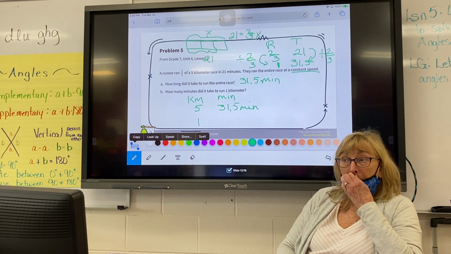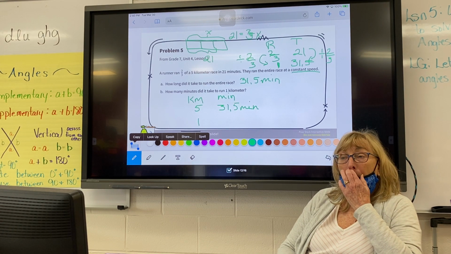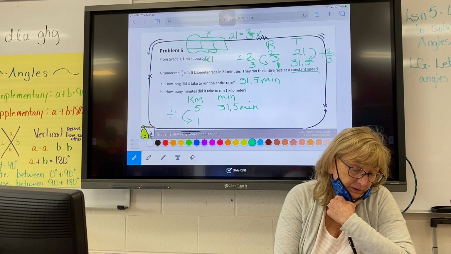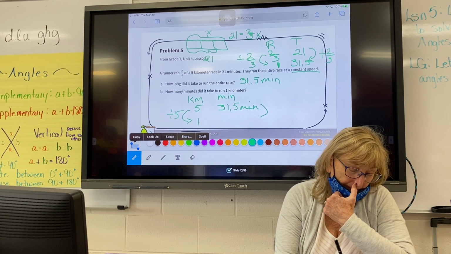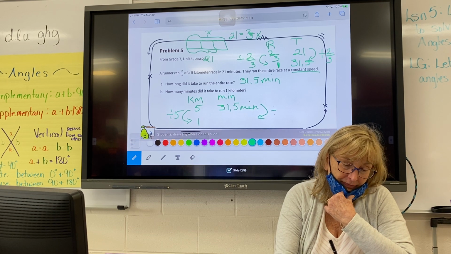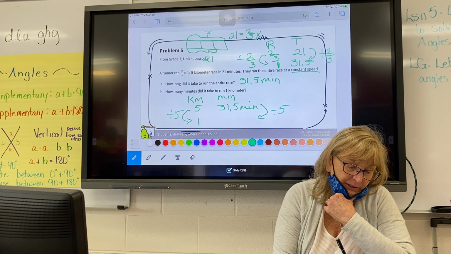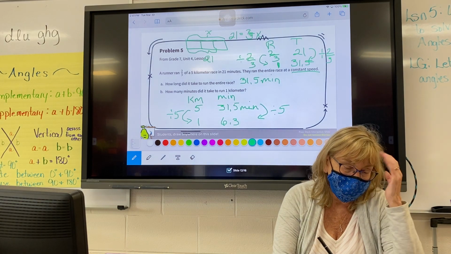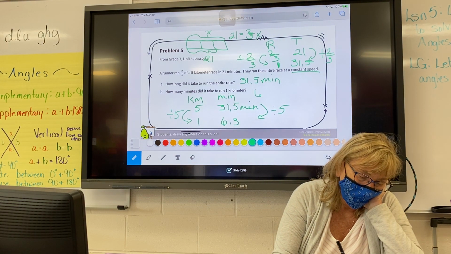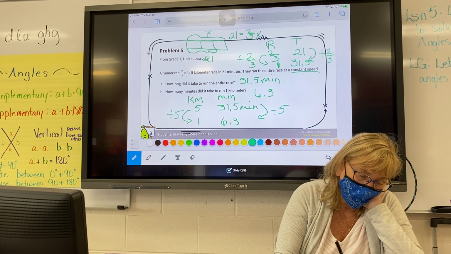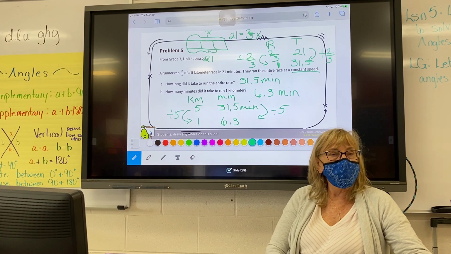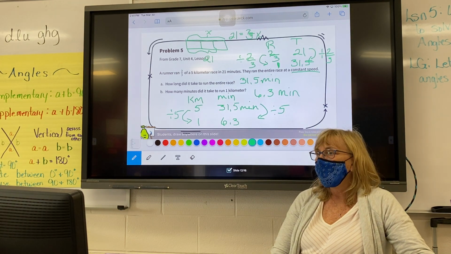So what am I going to do? Divide by 5. 6.3, is that what you said, Rachel? Okay, what does that 6.3 mean in this story? It takes them 6.3 minutes to run 1 kilometer. I just wanted to make sure you didn't think it was kilometers.